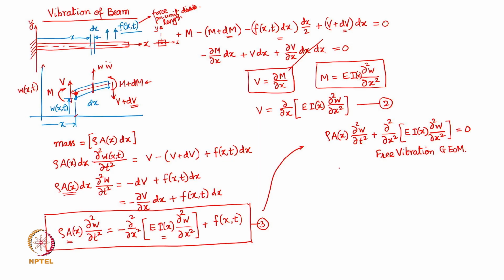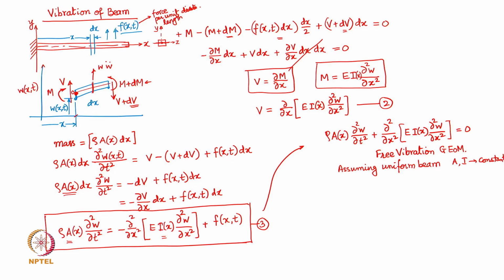Now we make one more assumption, that the beam is uniform. Uniform beam means that A as well as I, both of them are constant throughout, which means that the beam has the same cross-sectional dimensions throughout.